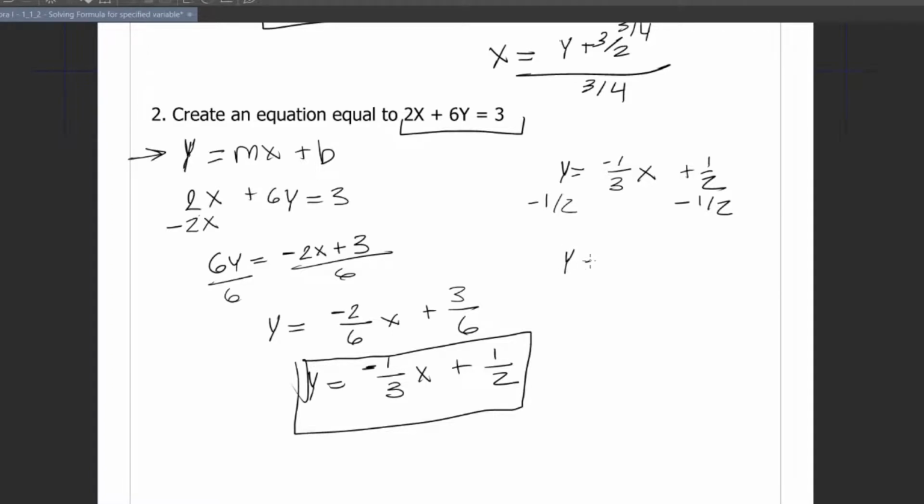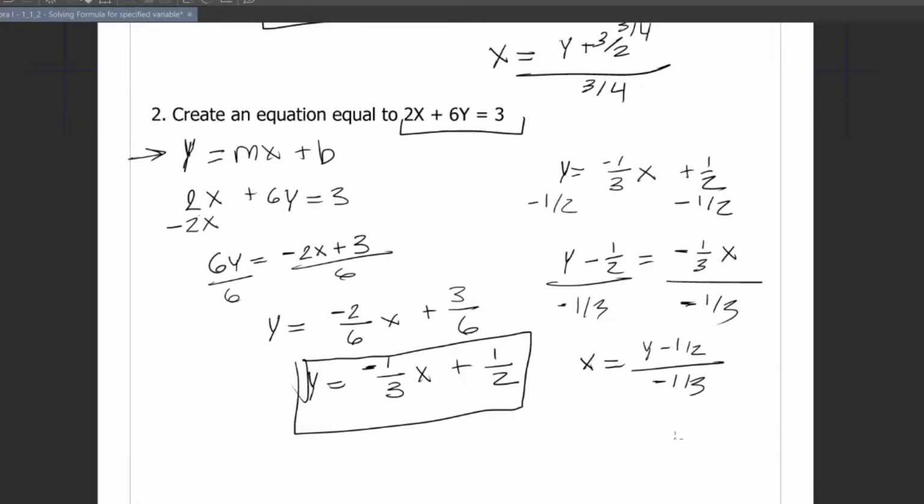So y minus 1/2 is equal to negative 1/3x. Now, let's divide by negative 1/3. And then we have x equals y minus 1/2 over negative 1/3.